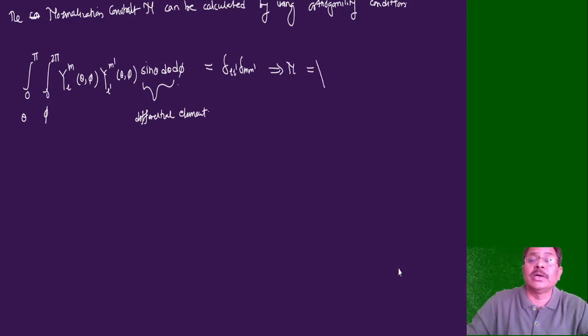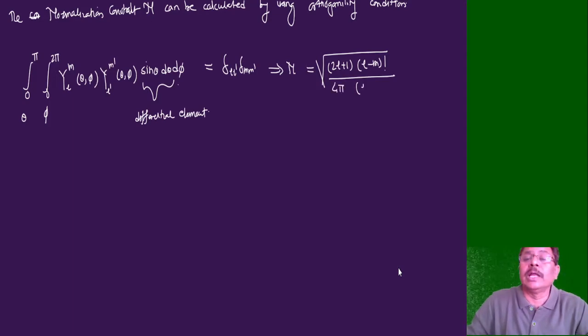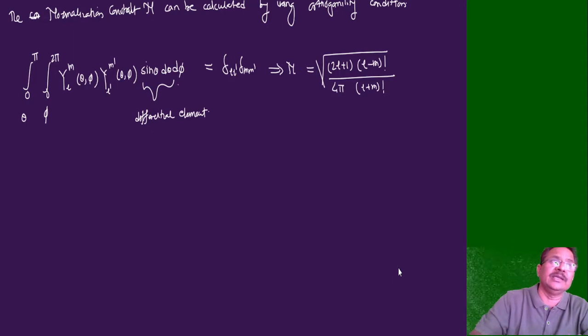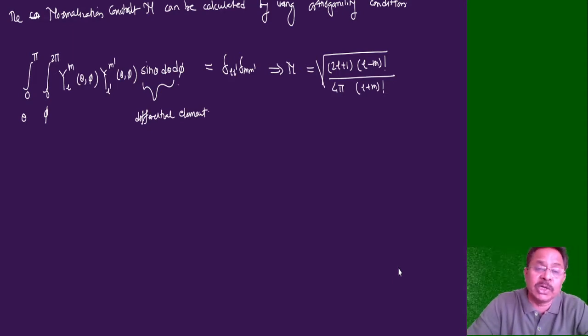So capital N can be calculated as root of twice L plus 1 into L minus M factorial divided by 4 pi into L plus M factorial. Now don't worry about this condition. The normalization condition for spherical harmonics is given by this. This is the same condition which we are going to see in the associated Legendre polynomial too. So need not worry about this particular thing.